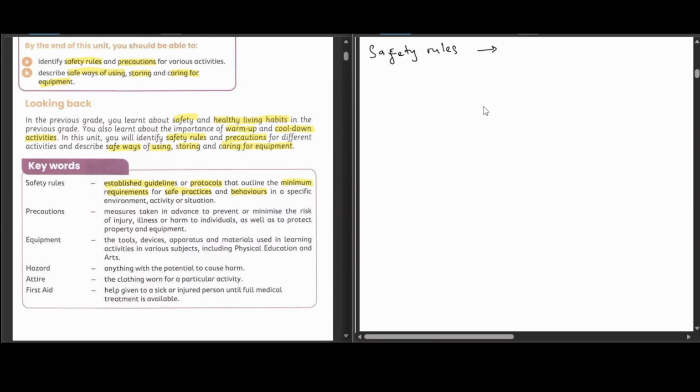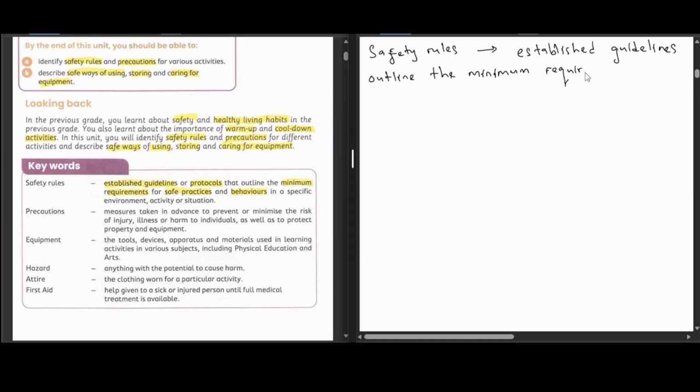Kana tichitaura pamusoro pema-safety rules, tiri kutarisa established guidelines. Saka guidelines kureva zvatinofanirwa kuita, mitemo. Established guidelines or protocols that outline the minimum requirements. These minimum requirements, what are they for?